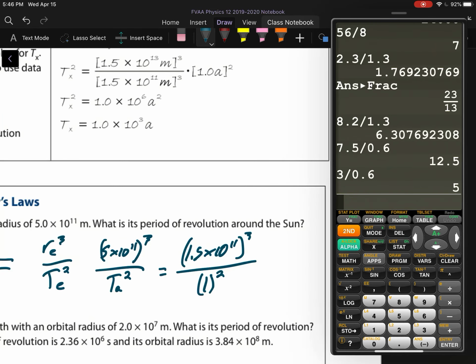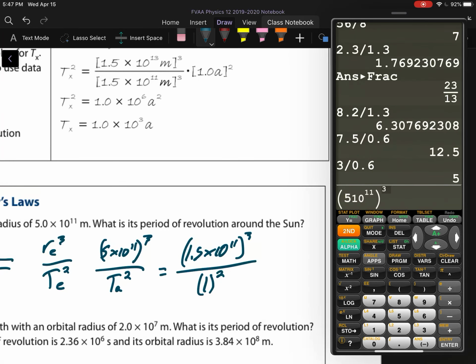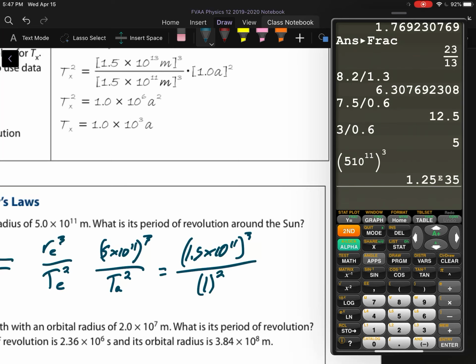So here, let's say I have 5 times 10 to the 11 raised to the power of 3 squared times 1 squared is just 1, right? So I'm going to divide it now by 1.5 times 10 to the 11 cubed.